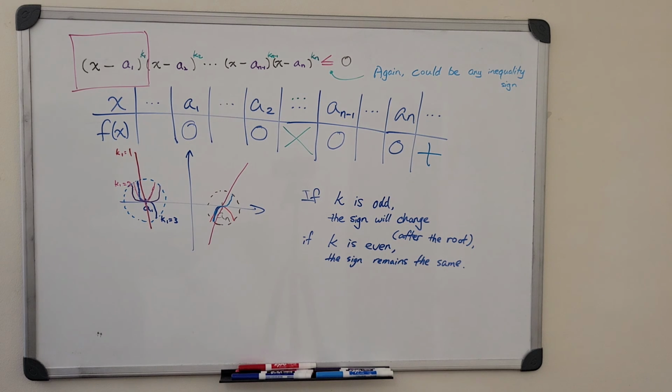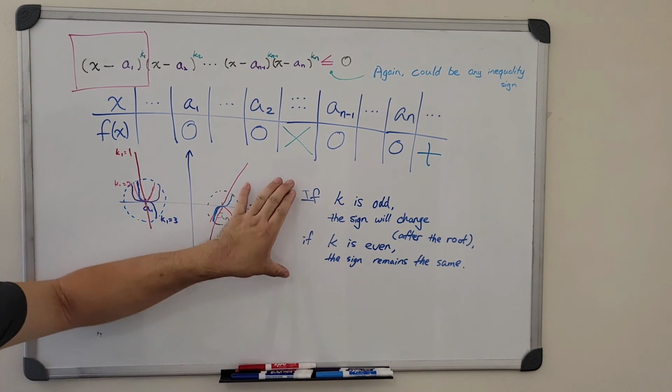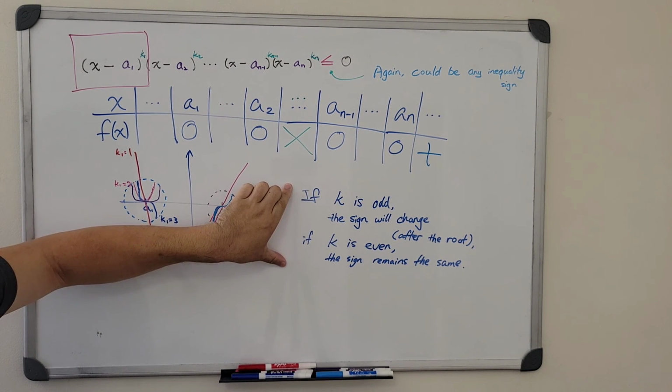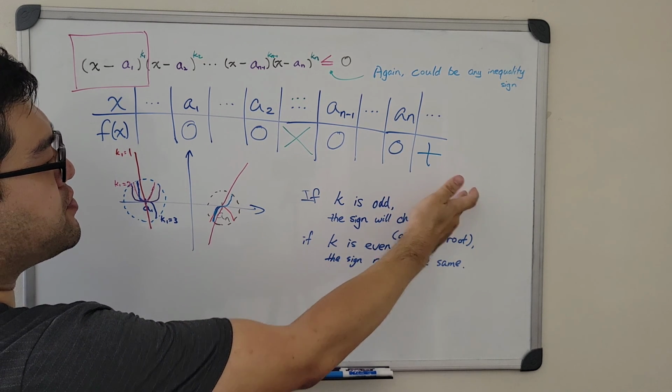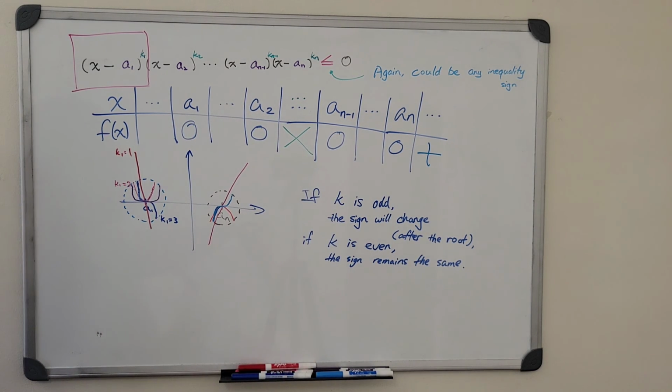But again, we have this property here to help us derive all the signs from the most right all the way back to the left, backwardly.